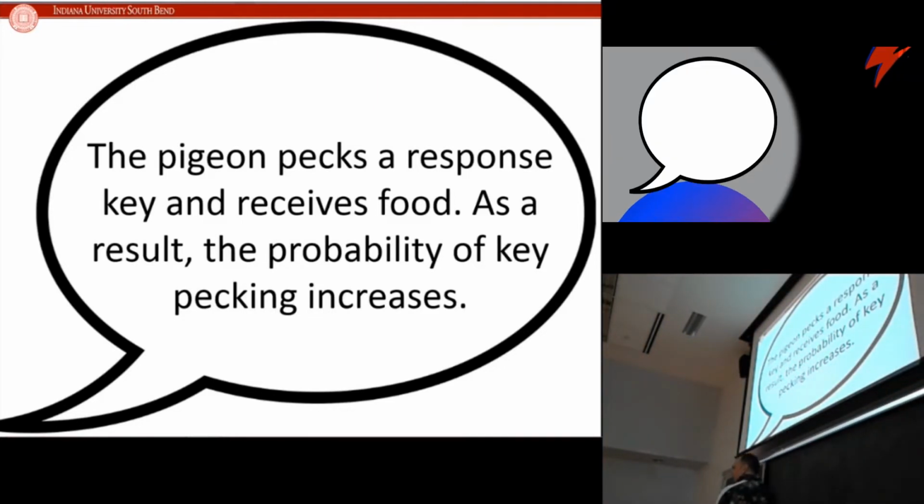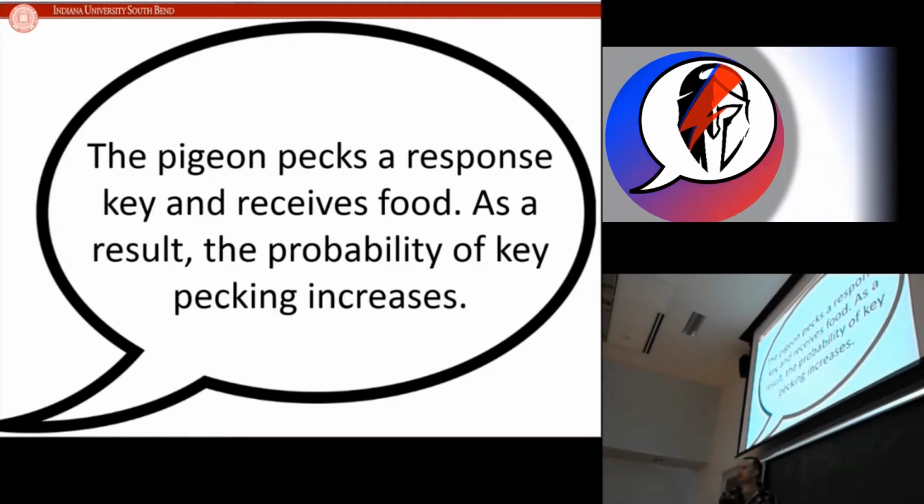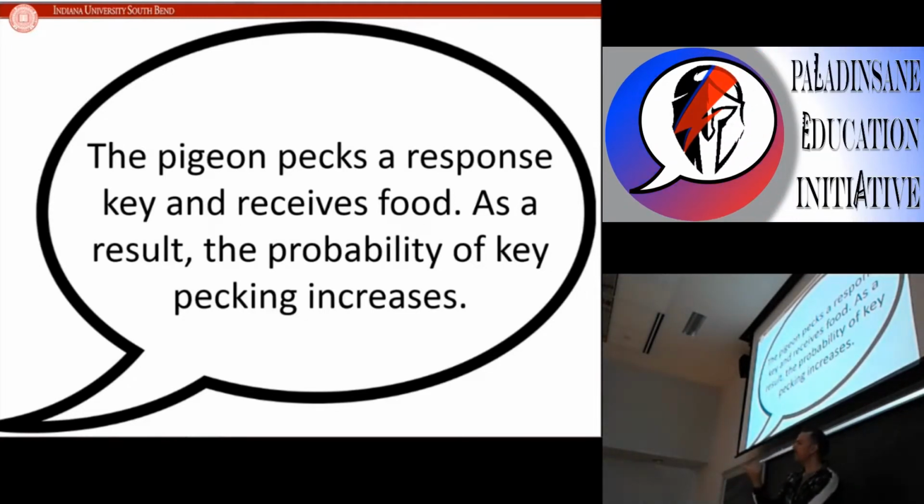All right, so what is the behavior that has changed? Key pecking. So key pecking increases, that's the change in behavior.